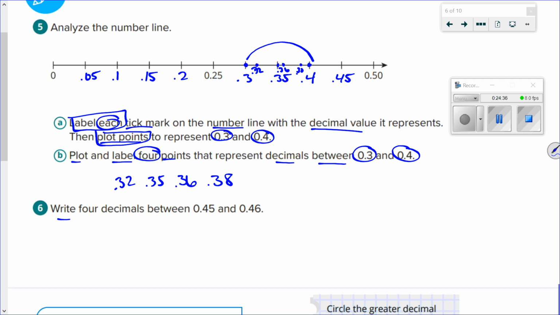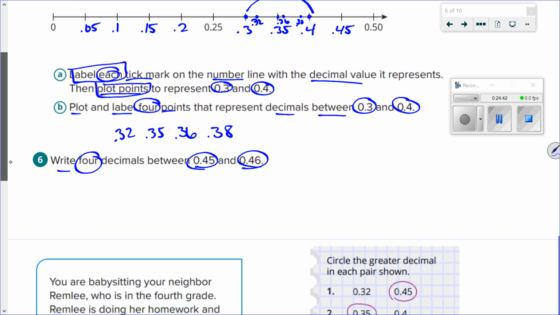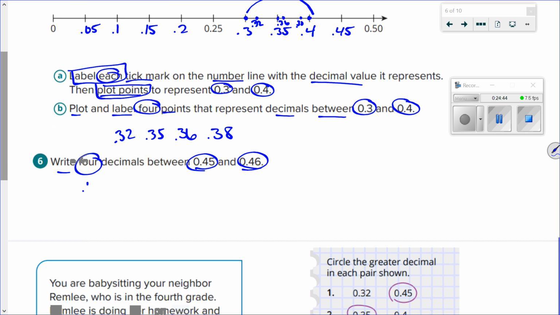Now, write 4 decimals between 45/100 and 46/100. So I would assume most of you did something to this effect. 451 thousandths, 453 thousandths, 457 thousandths, and 458 thousandths.